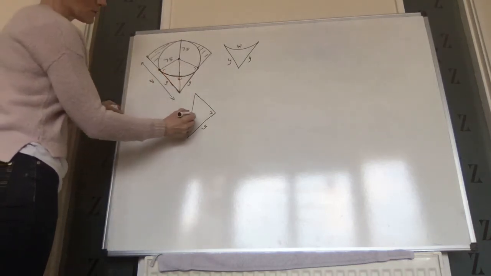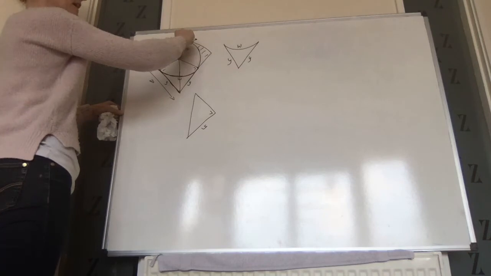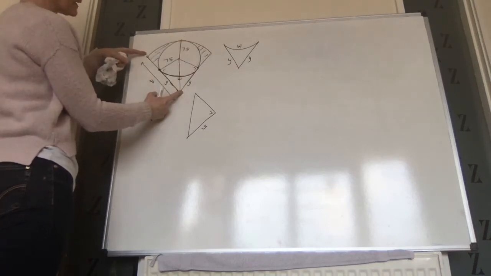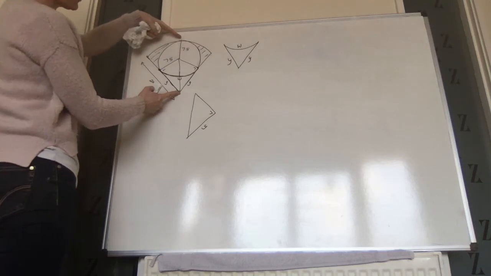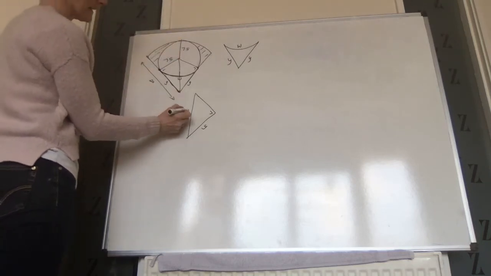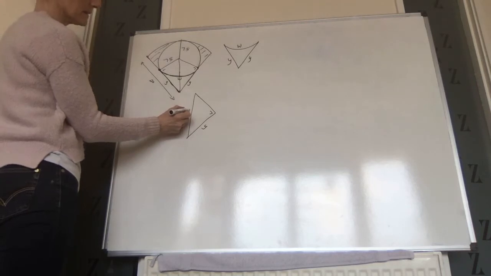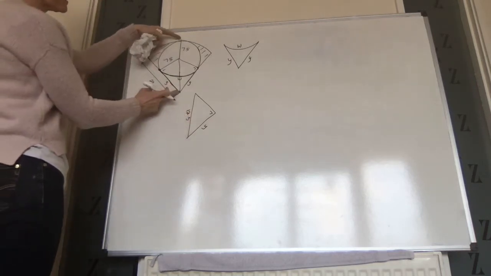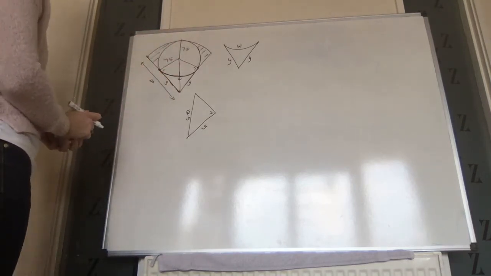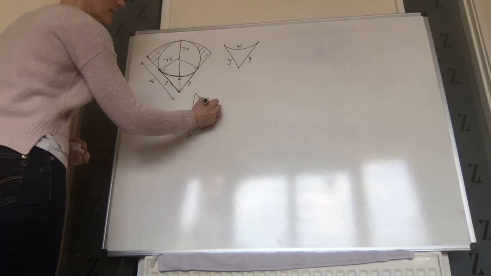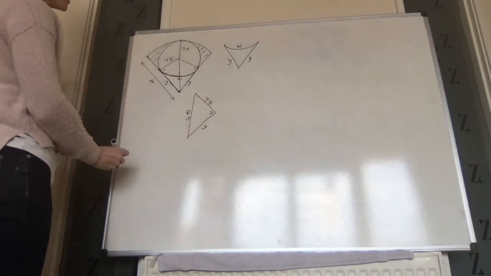So remember, this was 7.5, the whole thing is 20, so 20 take away 7.5 gives us that length there, which is 12.5. Okay, this is 7.5. So from this we can work out y.